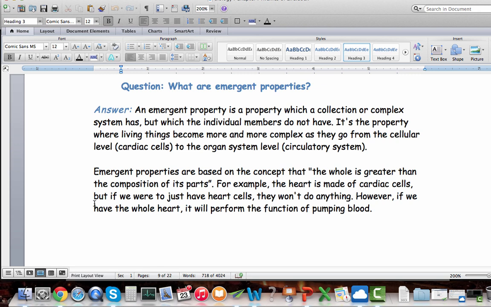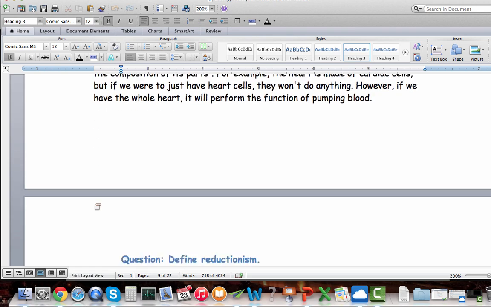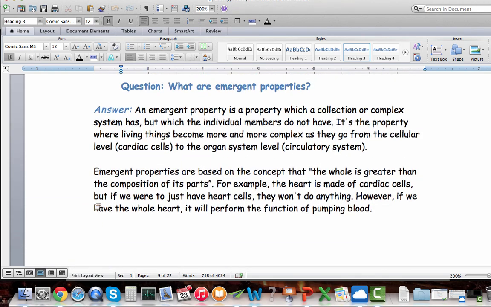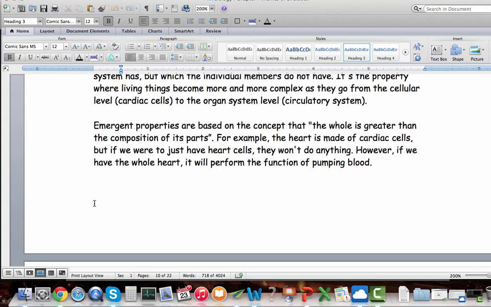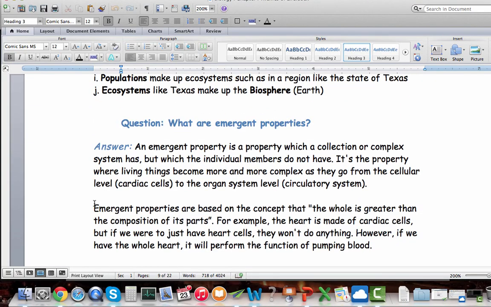Emergent properties are based on the concept that the whole is greater than the composition of its parts. For example, the heart is made of cardiac cells. But if we were just to have heart cells, they wouldn't do anything. However, if we have the whole heart, it will perform the important function of pumping blood. That function is an emergent property.